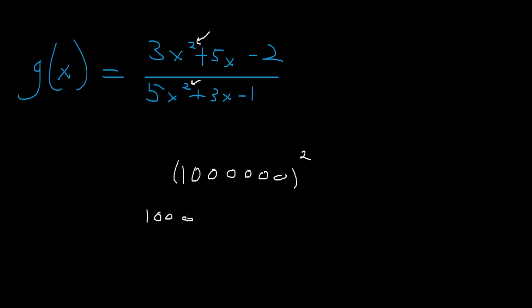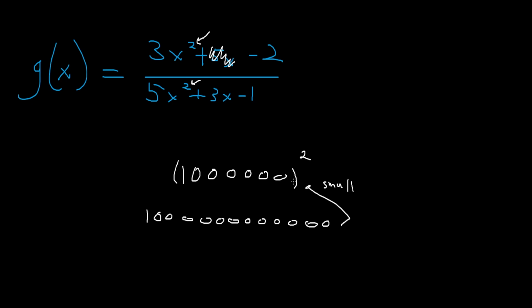So 1, 2, 3, 4, 5, 6, 7, 8, 9, 10, 11, 12. Okay, so this number is almost ridiculously big. It's so big that it makes that number look small by comparison. And we can keep going up. We can use whatever number we want. So the x squared is going to quickly outpace the x term. Once we get high enough, it doesn't really matter that we're adding 5x.